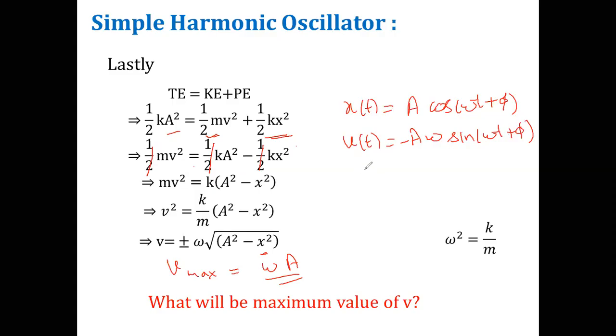At that point also we said that your maximum velocity will be equal to a omega, because your maximum value of sine is equal to 1. So from there also we came to the same conclusion, and from here also we can prove that the maximum value of velocity would be equal to omega a.